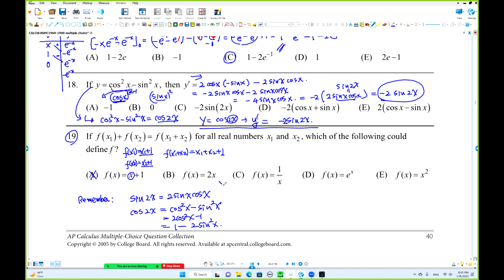Now the next one. Take this one first: f of x1 equals 2x1, and f of x2 equals 2x2.